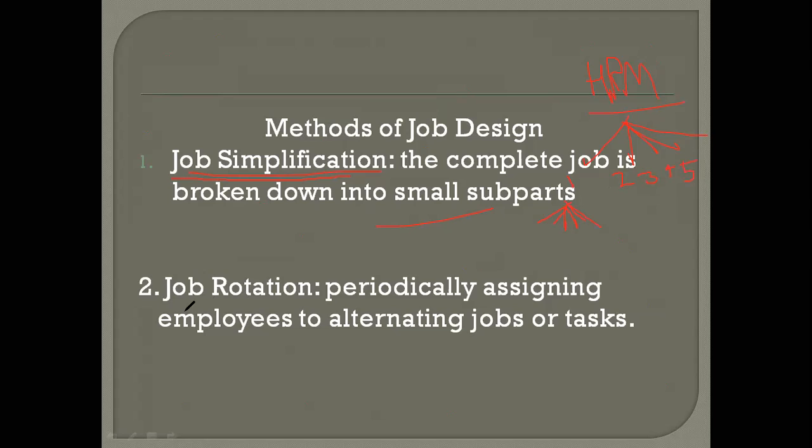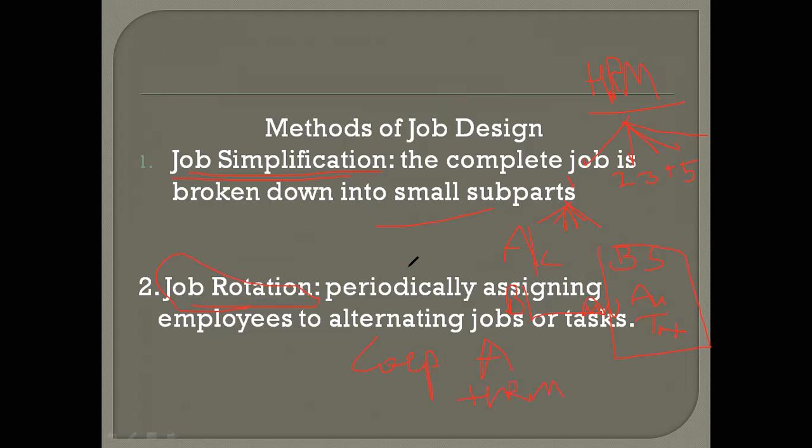And job rotation, this is also important. Say last year I taught business statistics, auditing, and taxation. These were my jobs last year. Now, in a rotation policy, this year I will teach accountancy, business law, corporate accounting, and HRM, human resource management.